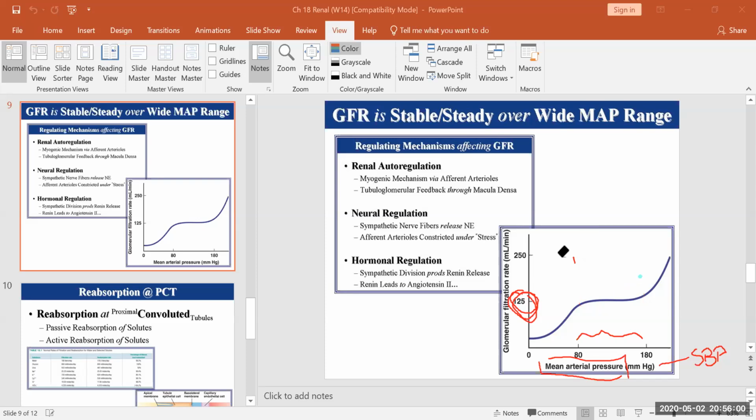What are these three mechanisms that allow the body to maintain that stable GFR despite the fluctuation in mean arterial pressure? The three mechanisms are listed here.